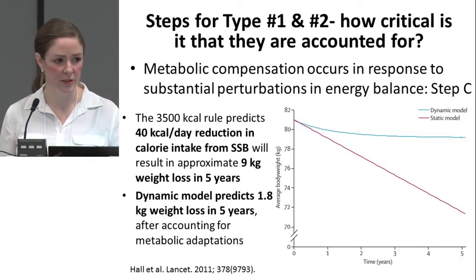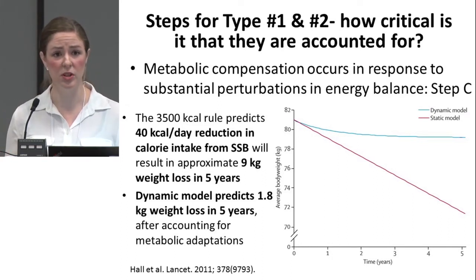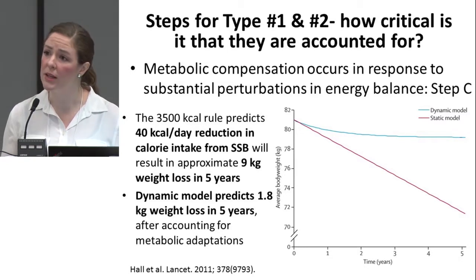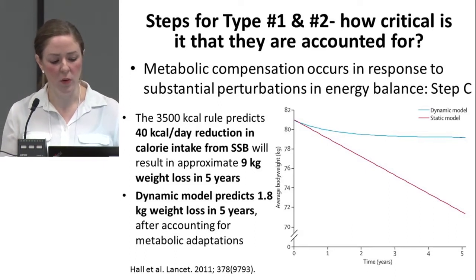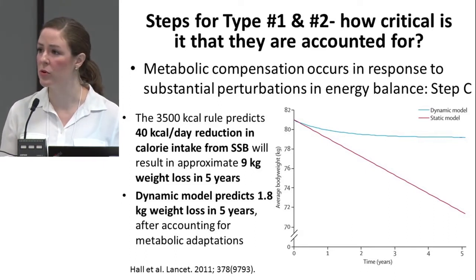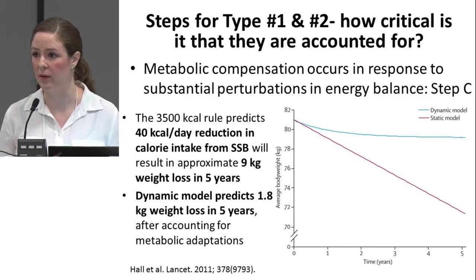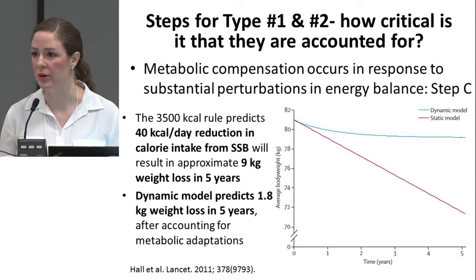And what Dr. Kevin Hall and others have demonstrated is that the dynamic model they have built, which accounts for metabolic adaptations, shows a very different line, the blue line there. Accounting for at least metabolic adaptations to a perturbation in energy balance would mean that, unfortunately, only 1.8 kilograms would be lost over the course of 5 years, instead of the 9 kilograms the 3,500 calorie rule would predict, and most of that weight is lost within the first year.